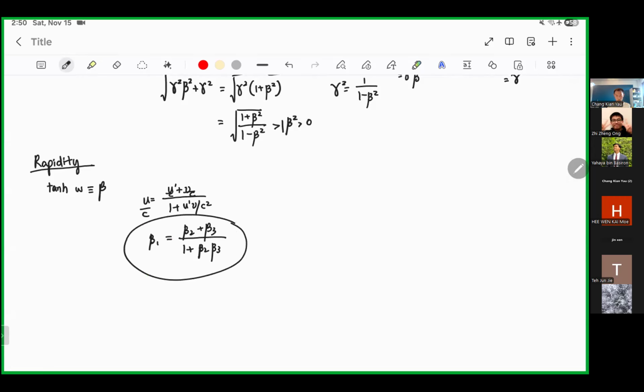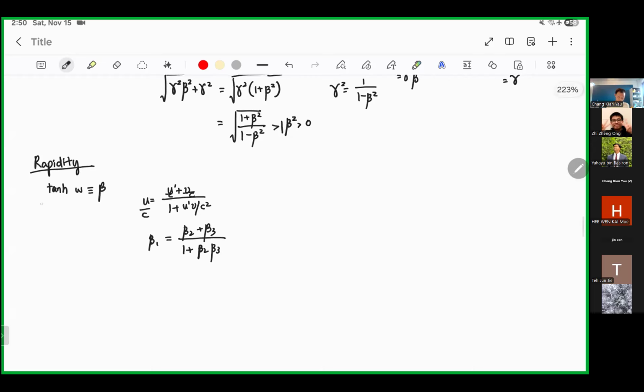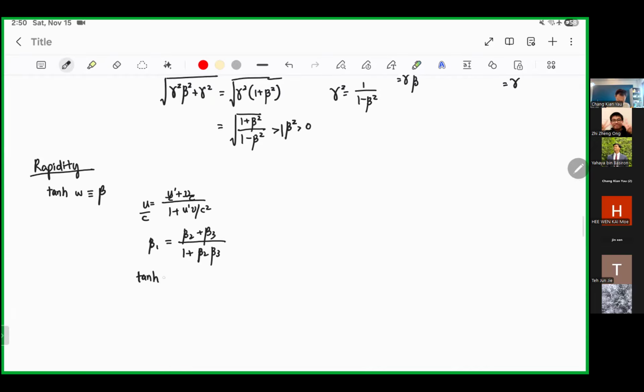If you've done hyperbolic trigonometric functions, this should look familiar to you, as in it fits the hyperbolic tangent addition formula. I'll just use the same subscript so that I don't confuse you.